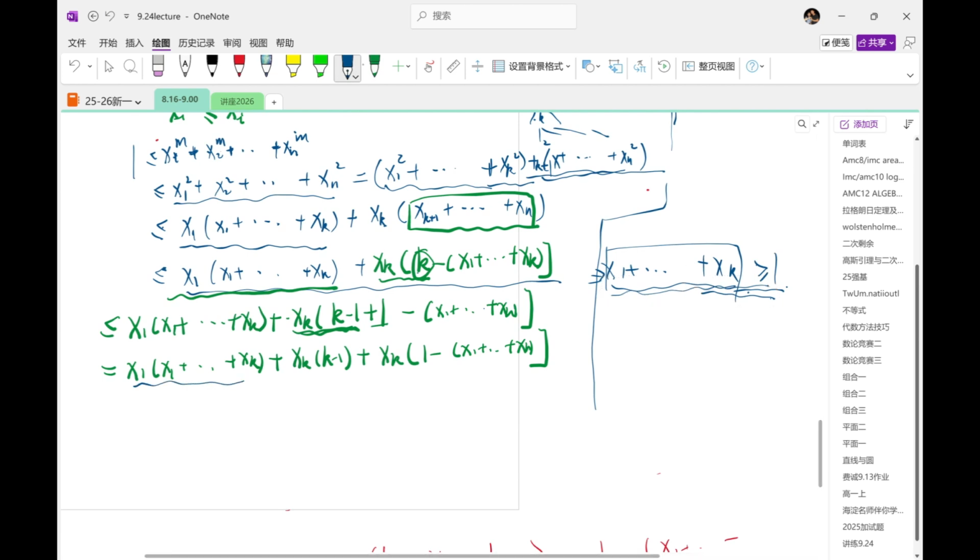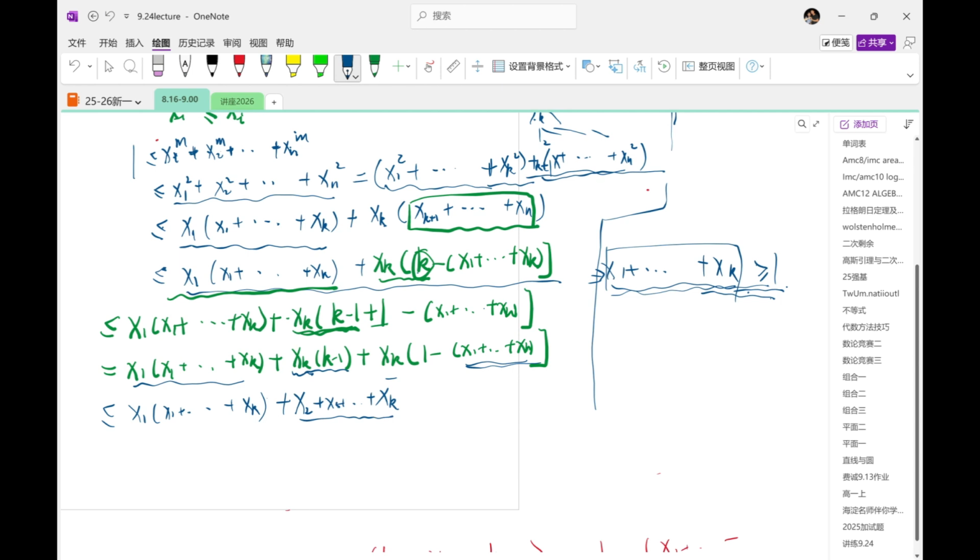We want this part and this part to cancel each other out, so we enlarge the latter part and continue to reserve the front part. Enlarge this one to x_2 plus x_3 to x_k. They are k minus 1 numbers.